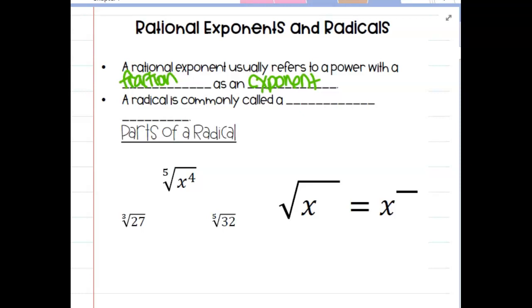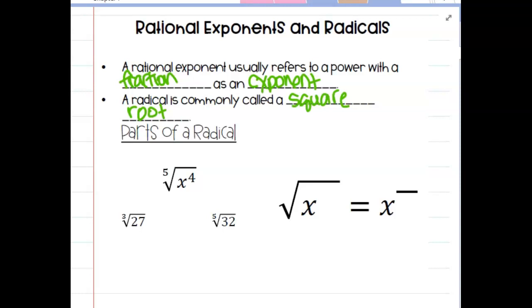Now, radical may not be a word that maybe you've heard before but aren't quite sure what it is. A radical is more commonly called a square root. That's probably what you have called it in the past. This symbol right down here. Now, the reason why we're not going to always call it a square root is that a square root is a specific type of radical.